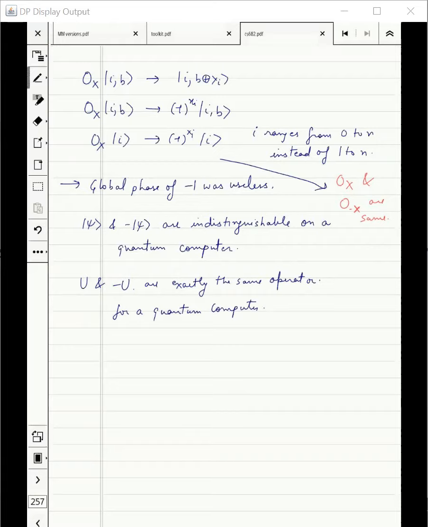But that doesn't matter because finally you will get the information using measurement and that's not going to change anything. That phase of -1 is not going to change anything if your final state is psi or minus psi. At any point of time, if you're applying some operator, you can apply U, that's good enough. You don't have to worry about exactly applying -U. There is no distinction between U and -U on a quantum computer.